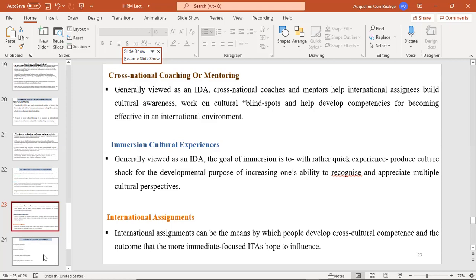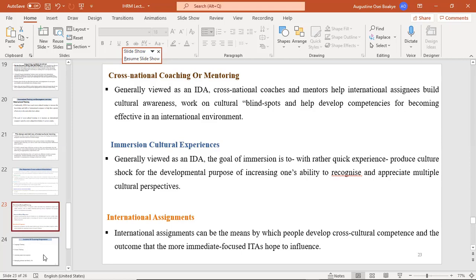So immersion cultural experiences simply means that the international assignee, before they depart at the pre-departure level, will be immersed into the specific culture they are going to live in.